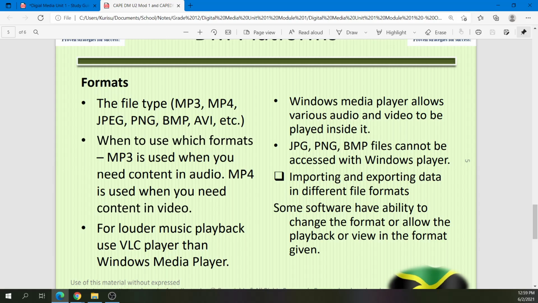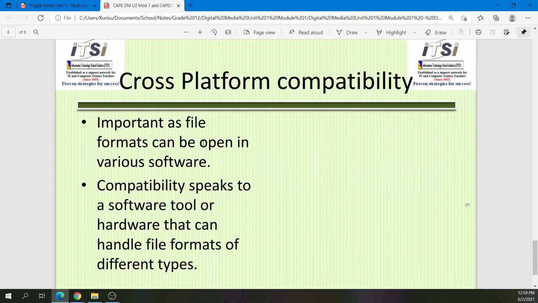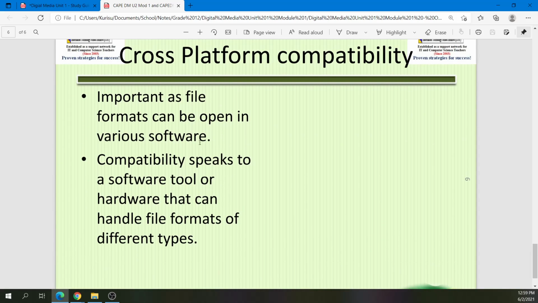So the content that you would put on these digital platforms is basically going to be the same file extensions, because that's the same content that we're putting up: videos, audio, pictures, animation, websites, applications, whatever the case may be.